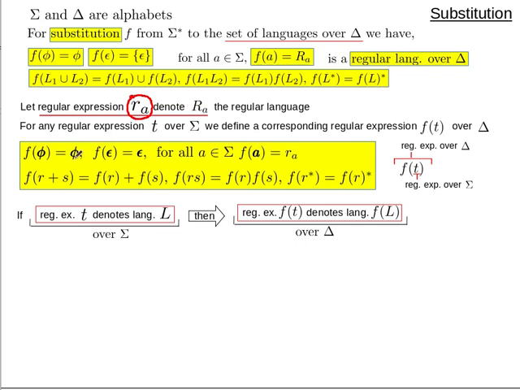So we can rewrite this in terms of regular expressions, and this is also easy to write in terms of regular expressions, provided we take this L1 L2 to be regular.